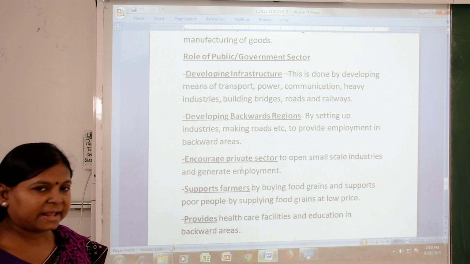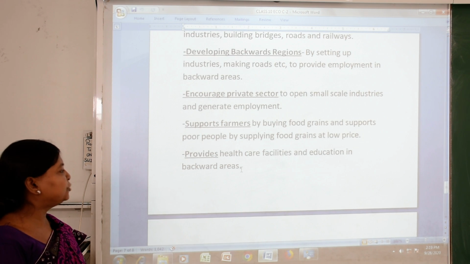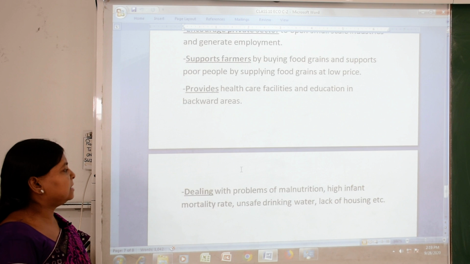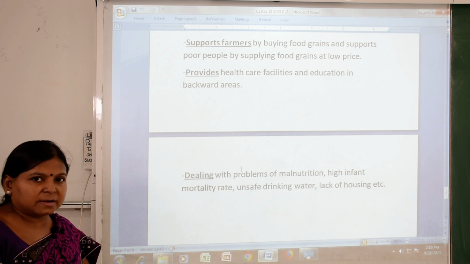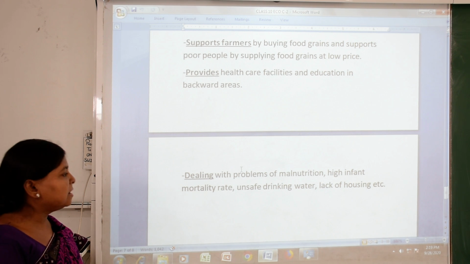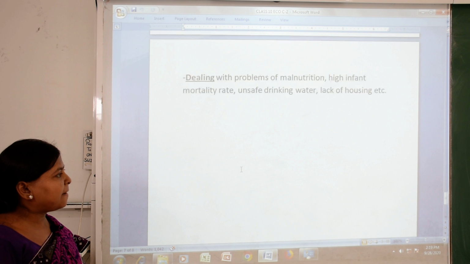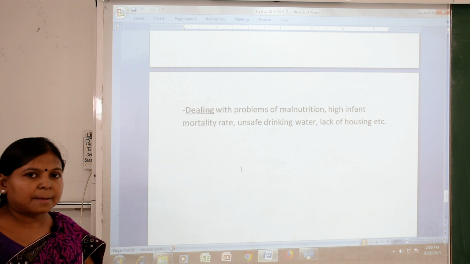Next, provide healthcare facilities and education in backward areas, dealing with problems like malnutrition, high infant mortality rate, unsafe drinking water, lack of housing, etc. These types of benefits are given by government planning.